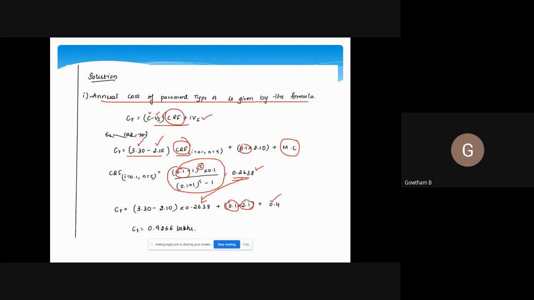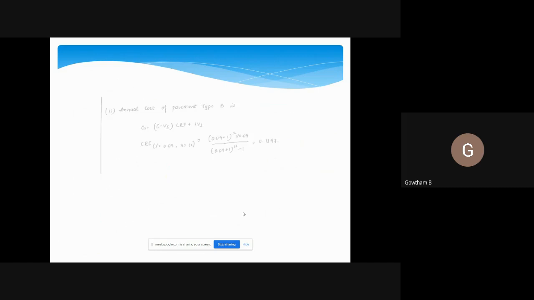To this I added the maintenance cost of payment type A as given in the problem, which is 0.4. Therefore, yearly you have to invest about 0.9266 lakh. That means the yearly investment on payment type A is 0.9266 lakh.